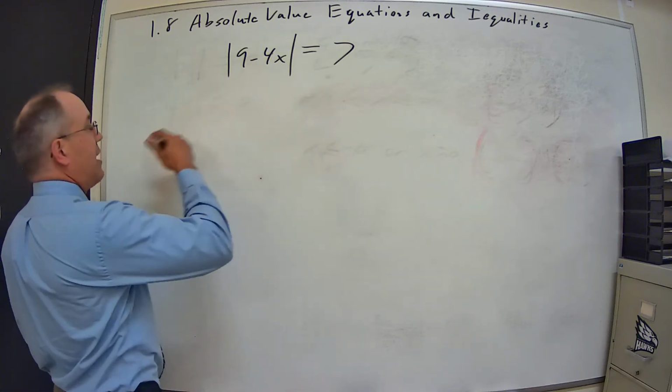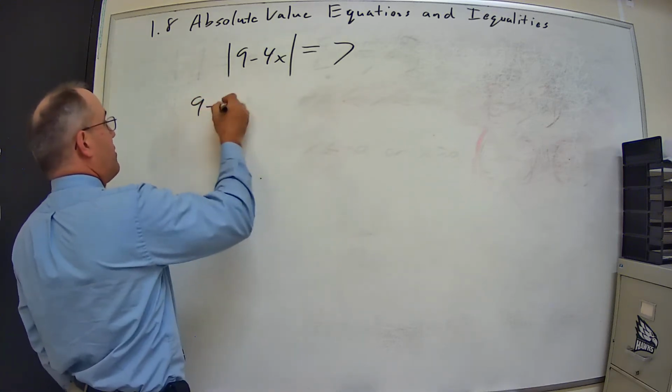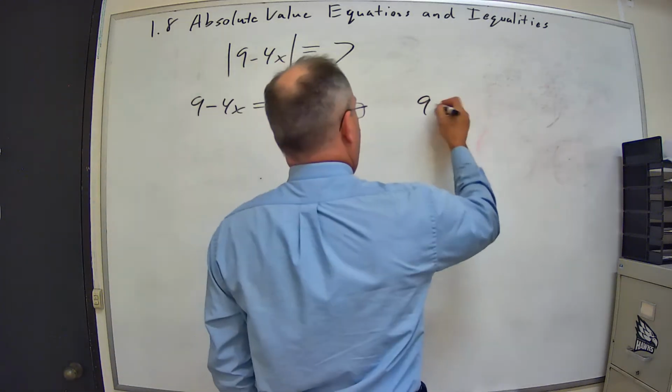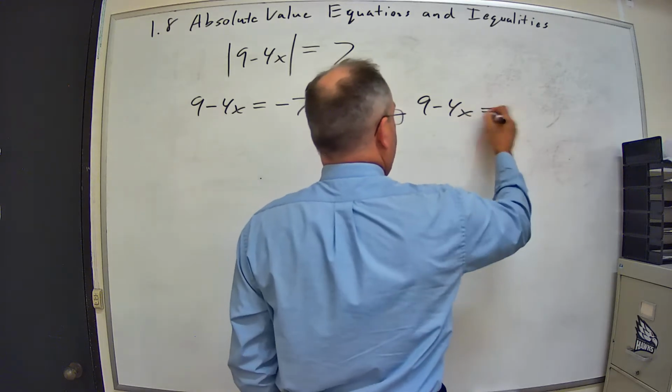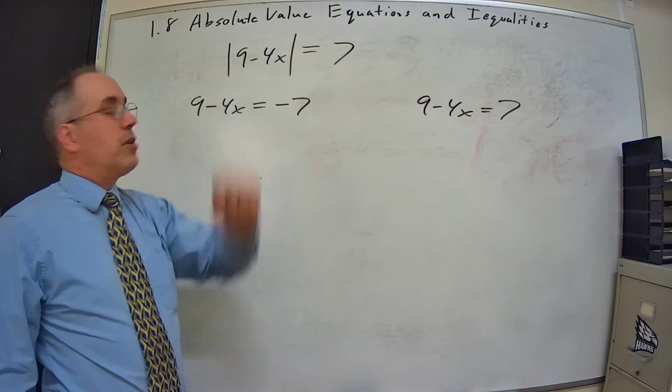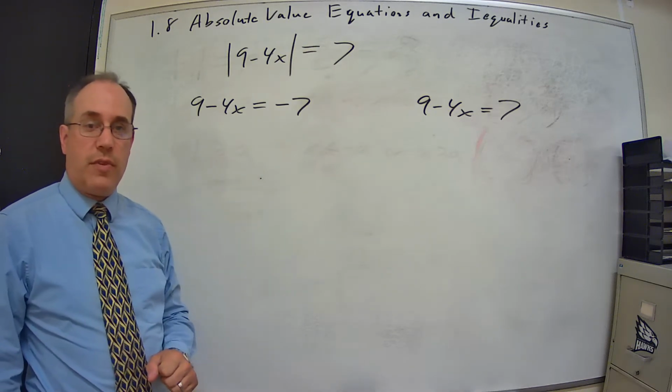So we're going to treat it as two separate equations. 9 minus 4x equal to negative 7. 9 minus 4x equal to positive 7. Because we know that either one of those will make this 7.